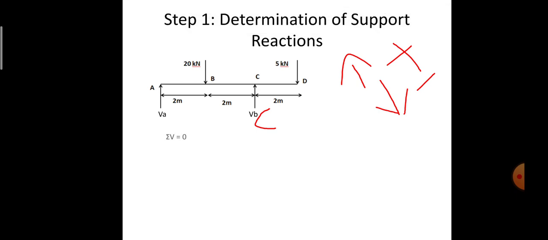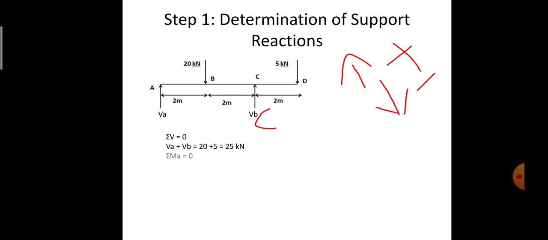So sigma V equal to 0 gives VA plus VC is equal to 20 plus 5, equating upward forces to downward forces. So totally it will be 25 kilonewton.